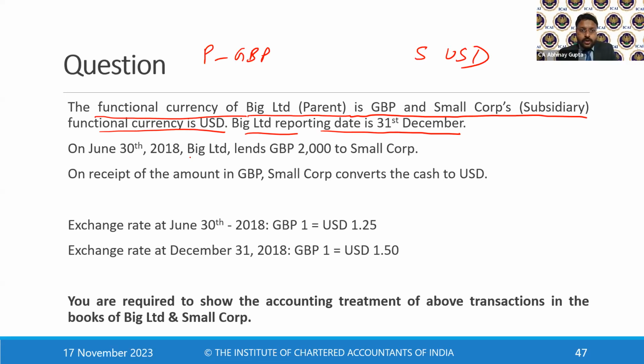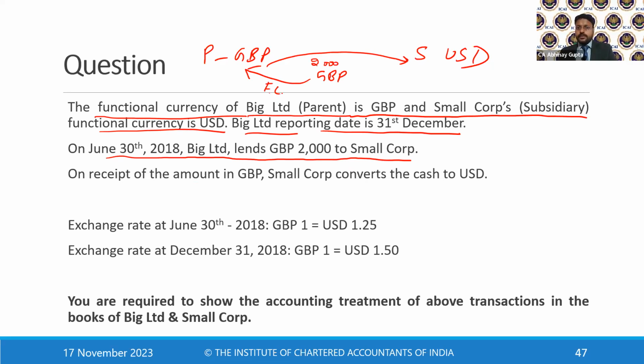On June 30, 2018, Big Limited lends GBP 2000 to Small. So Big Limited is giving a loan of GBP 2000. GBP is the functional currency of the parent company, right? So the transaction is taking place in the functional currency of the parent company.